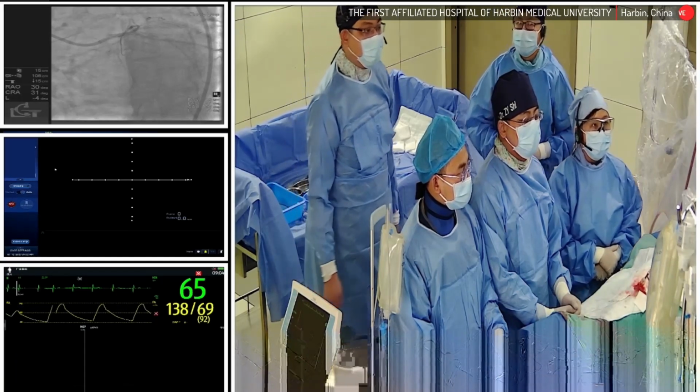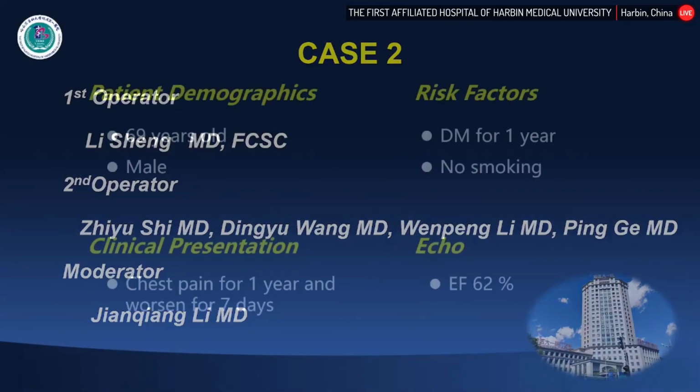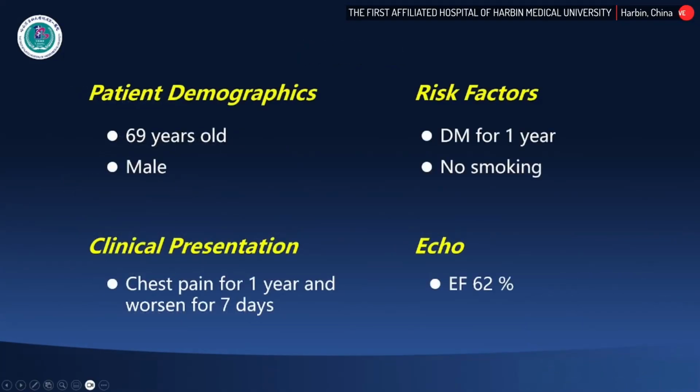Okay, good morning, everyone. Here is Wang Dingyu. First, I would like to introduce the patient. He's a 69-year-old male, and his chief complaint is paroxysmal chest pain for 1 year and worsened for 7 days.